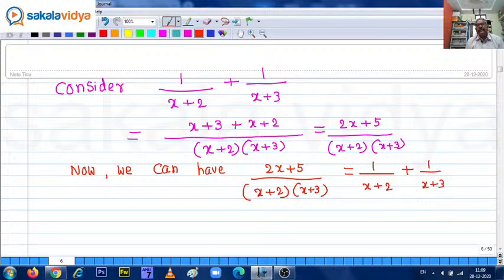That means this proper fraction has been split up as a sum of two proper fractions.